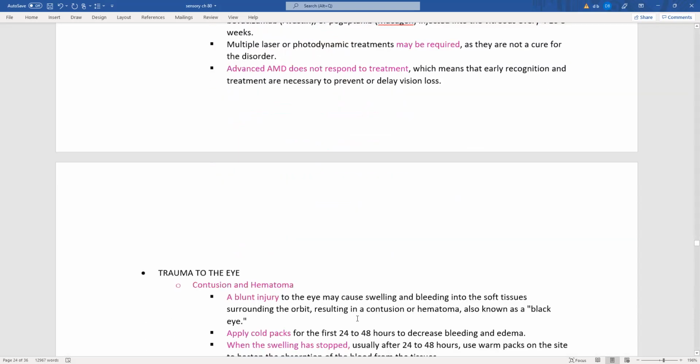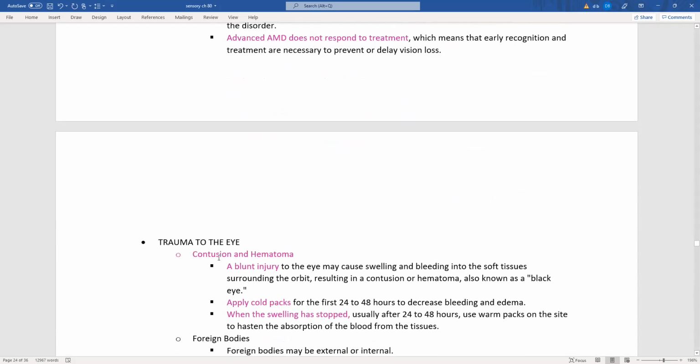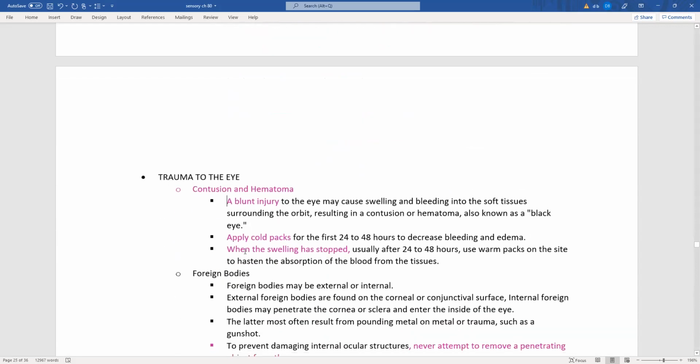As for trauma of the eye, that's contusions or hematoma. A blunt injury to the eye may cause swelling and bleeding into the soft tissues surrounding the orbit, resulting in a contusion or hematoma, also known as a black eye.